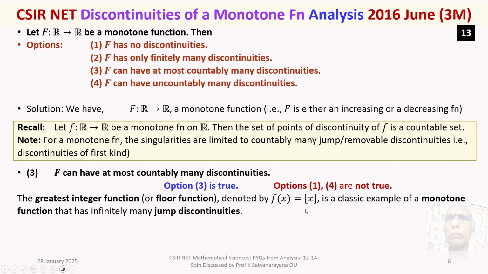Therefore, option 2, that f has only finitely many discontinuities, is not necessarily true. Therefore, option 2 is not true. The answer to this question is option 3. That is the detailed discussion of the solution of the given question.